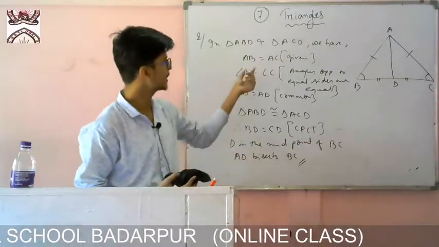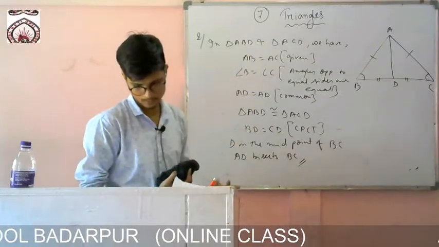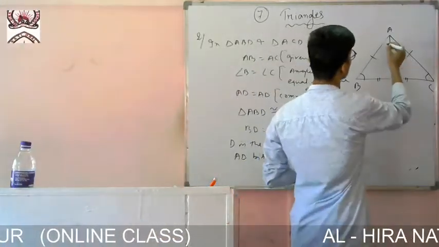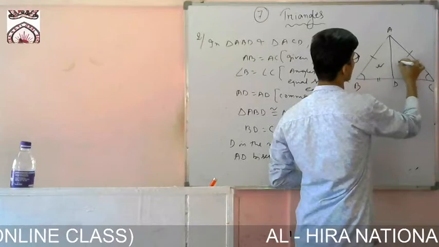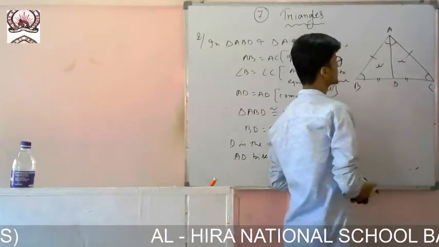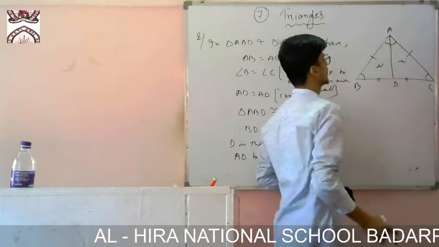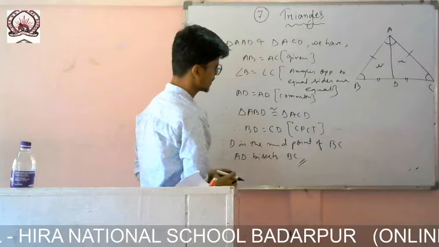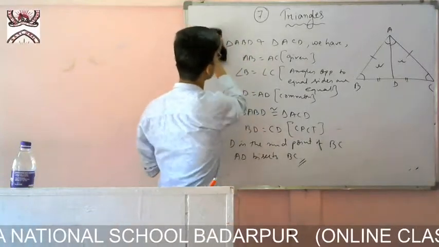Next one, so I have just now showed these two triangles are congruent, and here I have to show that AD bisects angle A. So since these two triangles are congruent, I can say that this angle is equal to that one. If these two angles are equal, then I can say that this angle A is bisected by AD. Let me write here.